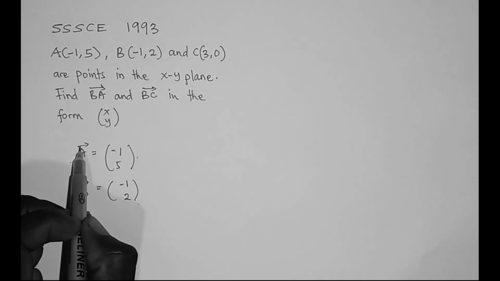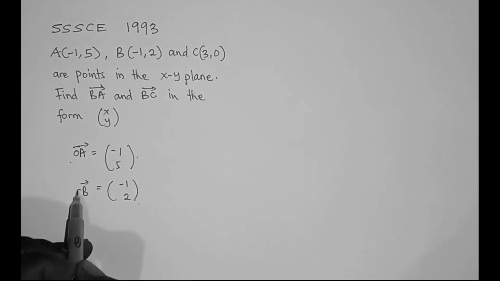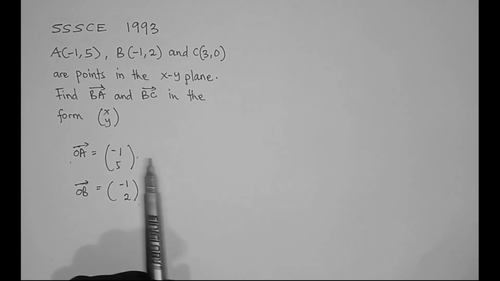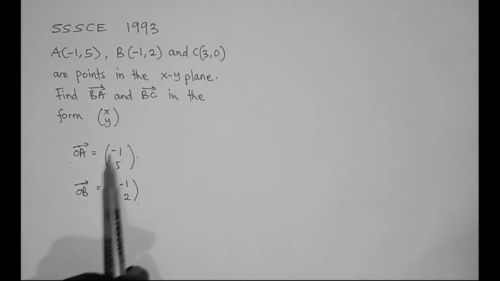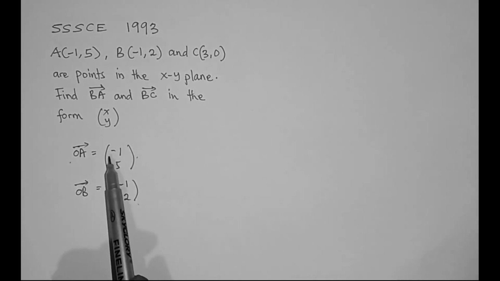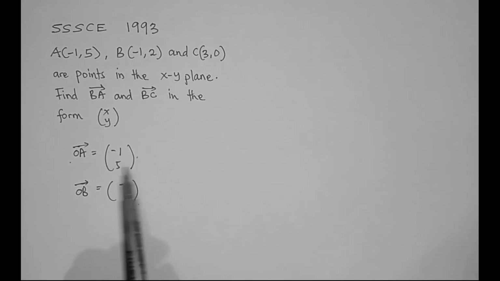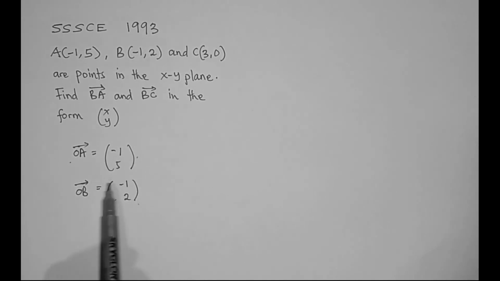So instead of A, let me write it as OA and OB, which are the position vectors. So position vector A in the form of column vectors is written as -1 and 5. And position vector B in terms of a column vector is -1 and 2. And then the question is saying we should find BA.